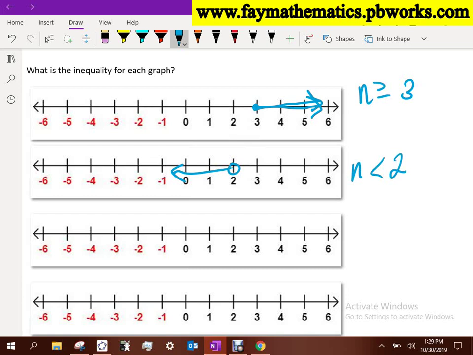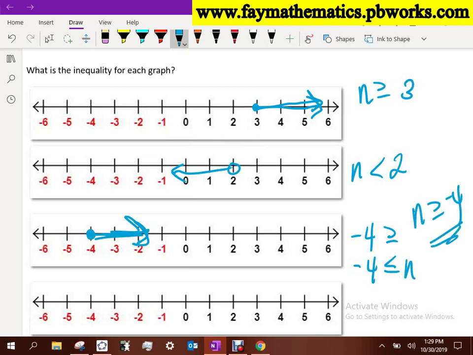What if I did a closed dot and graphed that way? Which one is it? It should be, so -4 is further to the left than any of these, right? So I'm going to start with -4, so I should say -4 is less than or equal to my variable. Would it be easier to say n is greater or equal to -4? That's the way I think I could do it.